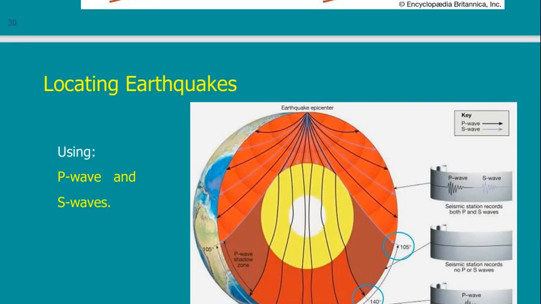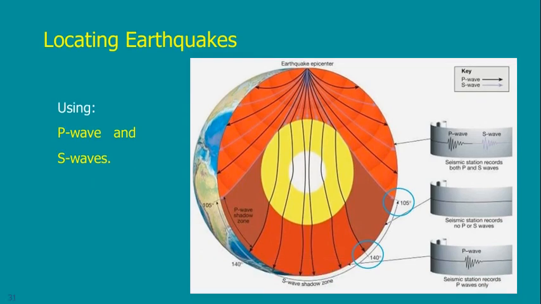We said that to know the location of the earthquake, we use the P wave and the S wave. The S wave cannot penetrate inside, because it depends on shear forces.